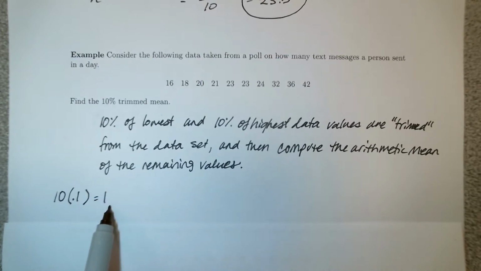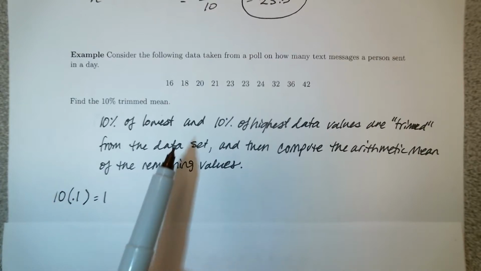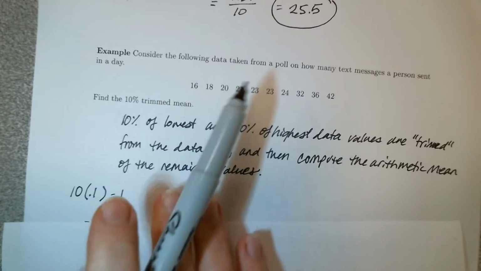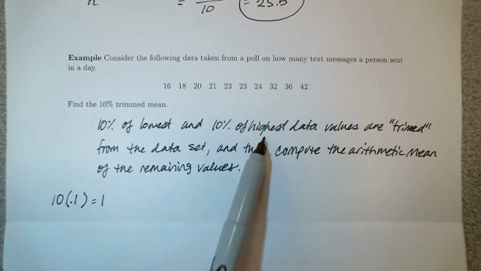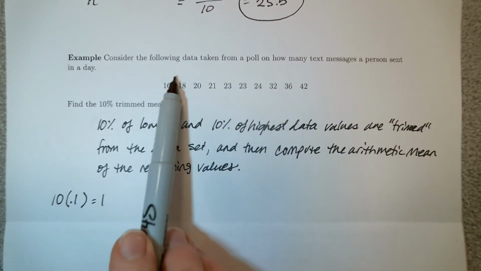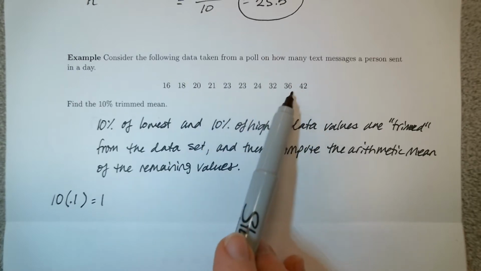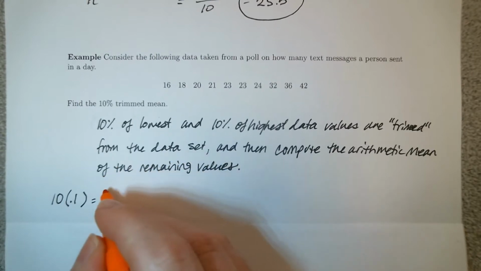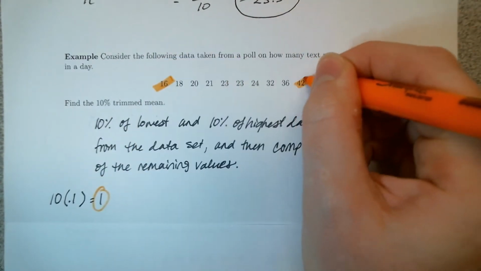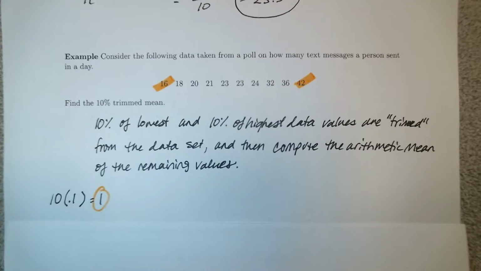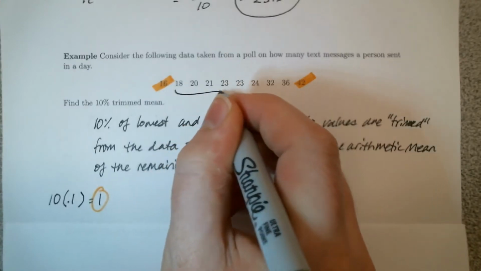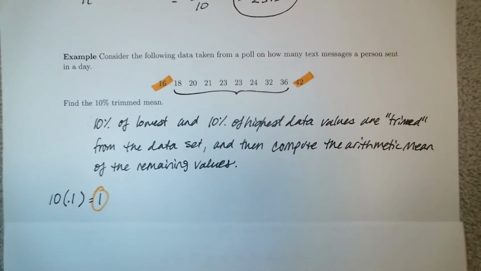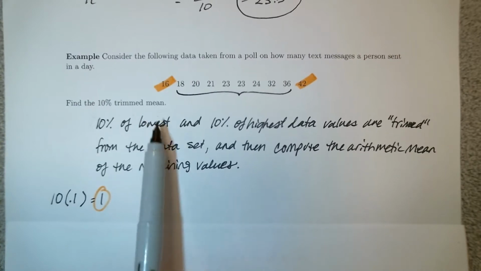So one data value is 10% of the total number of data values I have. Since I'm trimming 10% off the bottom and 10% off the top, I will take off one data value from the bottom and one data value from the top. What's left is what I will compute the mean of.